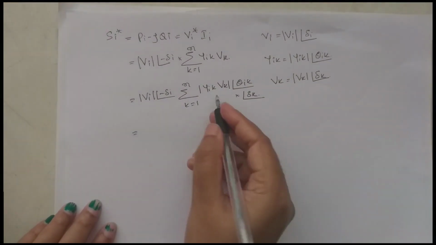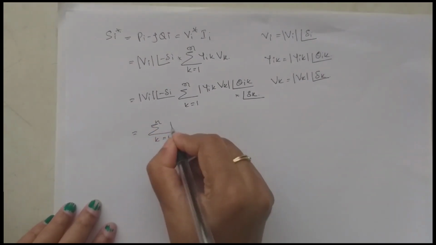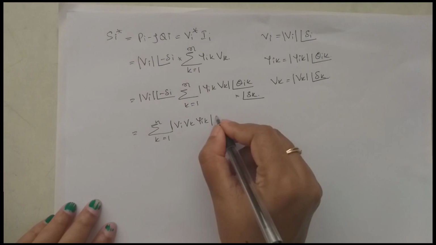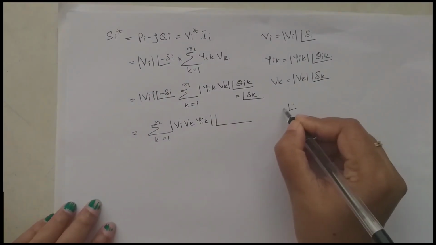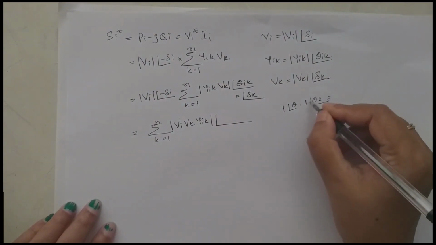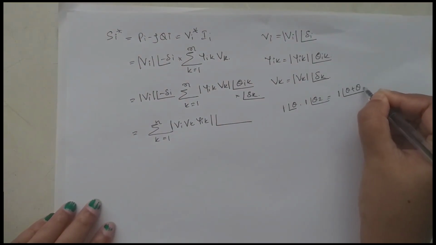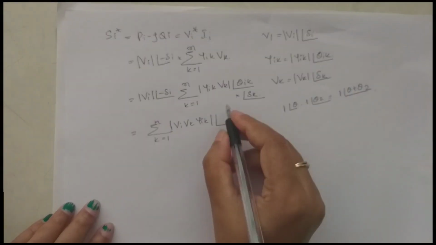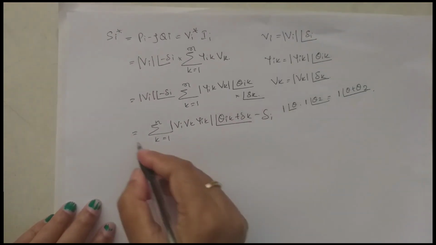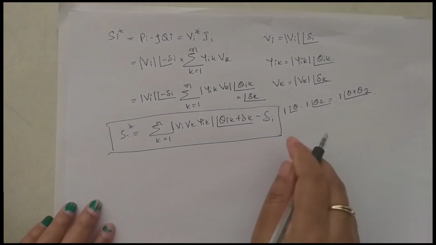Taking Vi inside the summation, we get summation Vi Vk Yik magnitude. If 1 at an angle theta 1 into 1 at an angle theta 2 is there, then we can add the angles like this, 1 at an angle theta 1 plus theta 2. In that way, when we add it, it becomes theta ik plus delta k minus delta i.